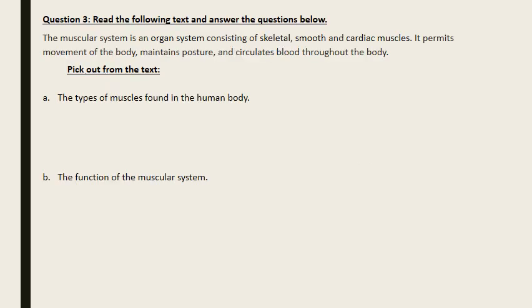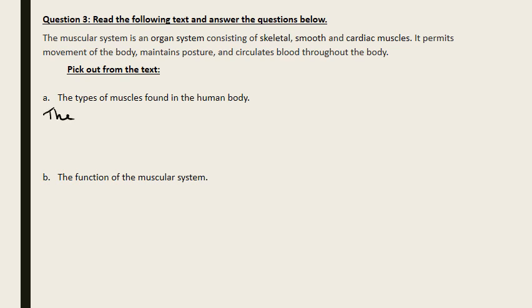Question 3 says, read the following text and answer the questions below. The muscular system is an organ system consisting of skeletal, smooth and cardiac muscle. It permits the movement of the body, maintains posture and circulates blood throughout the body. Pick out from the text the types of muscles found in the body.